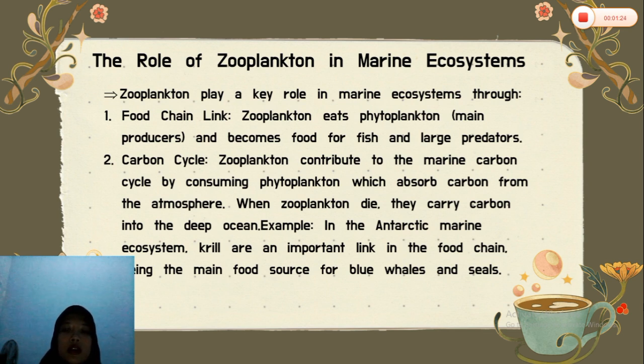Zooplankton contribute to the marine carbon cycle by consuming phytoplankton, which absorb carbon from the atmosphere. When zooplankton die, they carry carbon into the deep ocean. Example, in the Antarctic marine ecosystem, krill are an important link in the food chain, being the main food source for blue whales and seals.